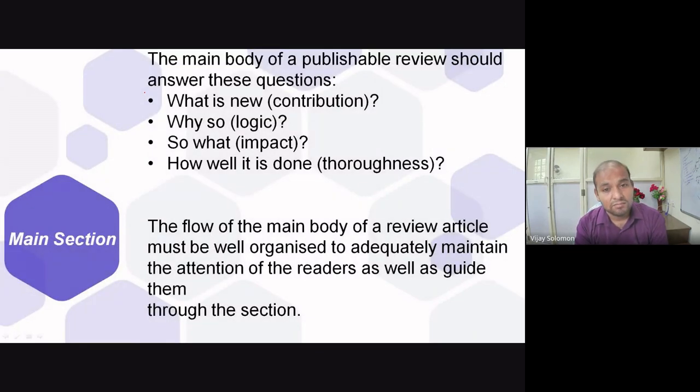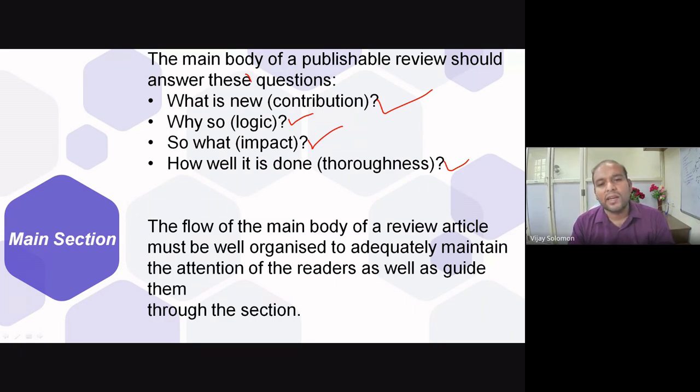And for the main section, in very simple terms, you have to say what is new. What is your contribution? What is the logical flow? What impact would you like to drive, and how well it is done. These things should be there in the main body of your content. The flow of the main body of a review article must be well organized.